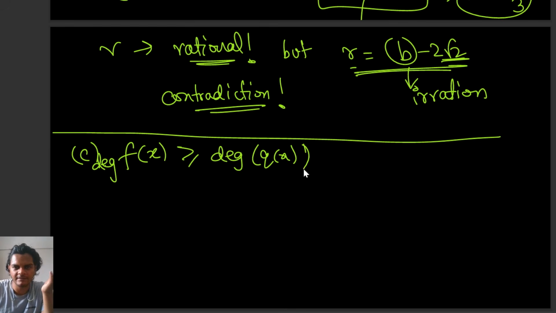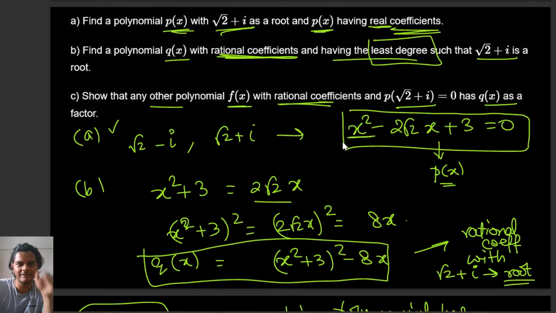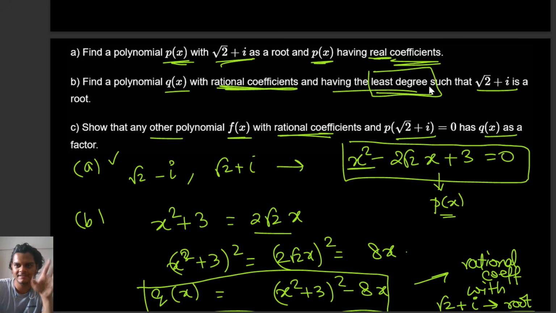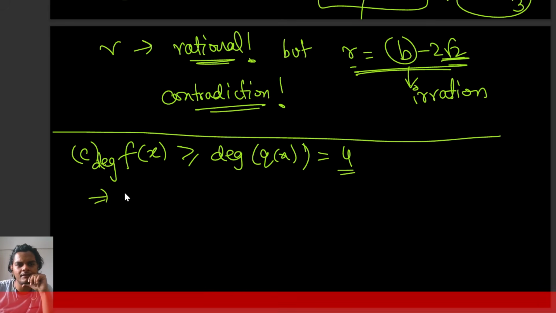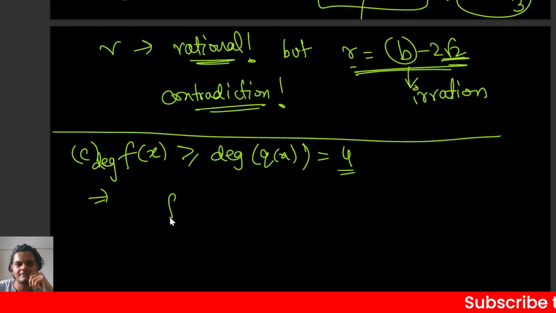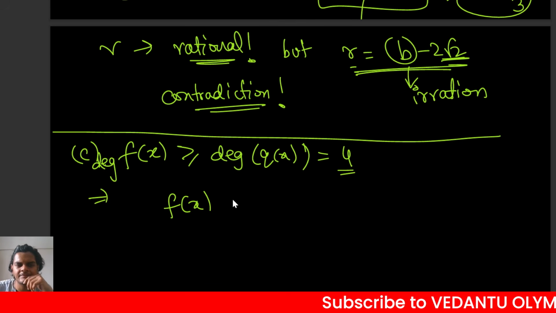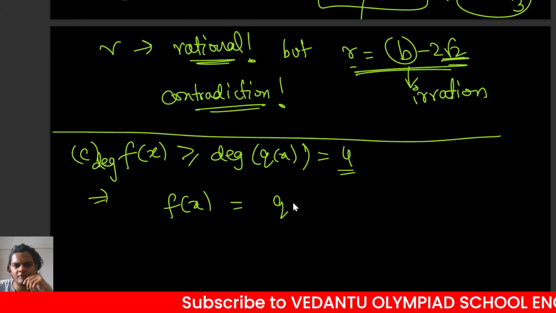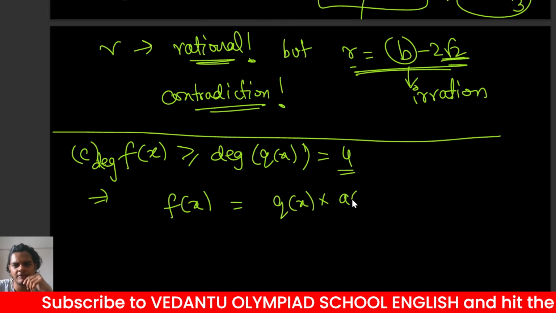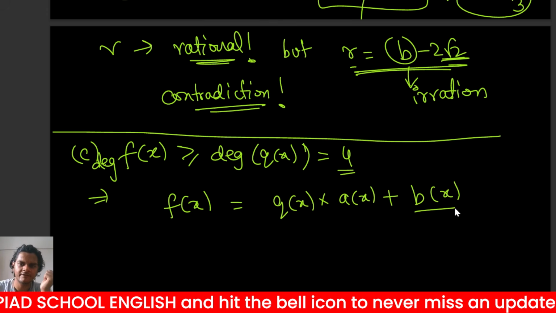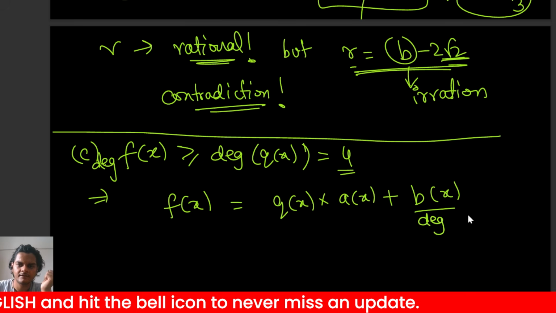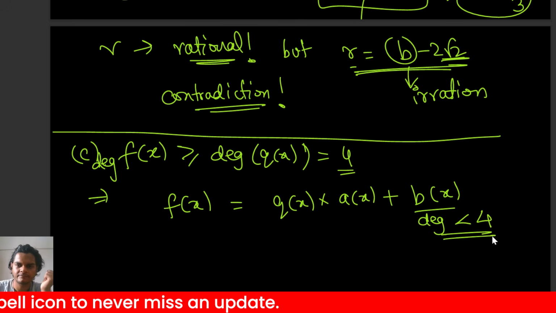Degree of q being equal to 4, right? Because q was by default the least degree such that this has a root. So that will imply that f of x can be written as some q of x into a of x plus b of x.